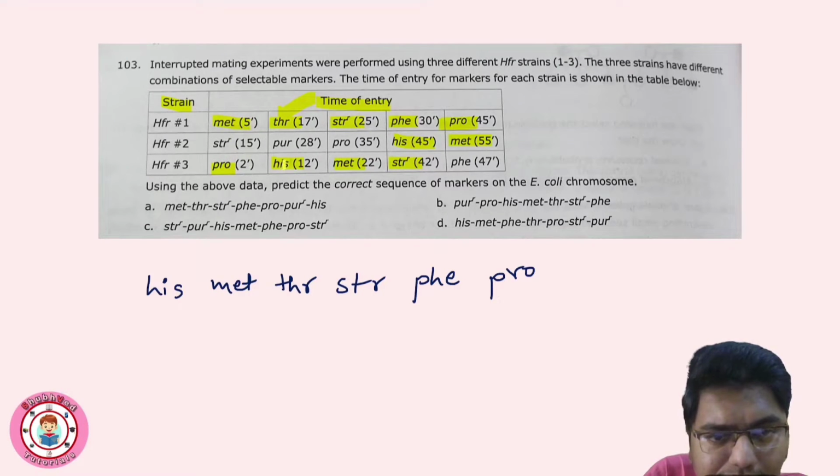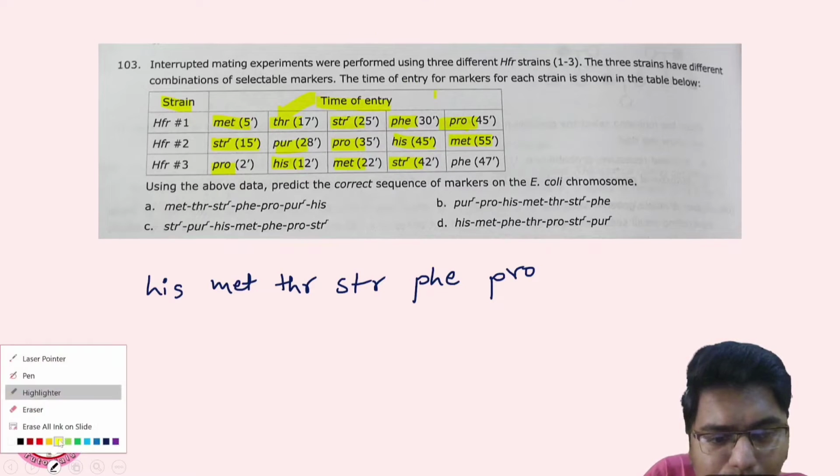To the left of histidine is proline, and here also histidine, proline, puromycin, meaning phenylalanine, proline, and here it is streptomycin. After streptomycin, puromycin is there, and after puromycin, proline is there. Means between phenylalanine and proline, there is puromycin. So what will we write here?